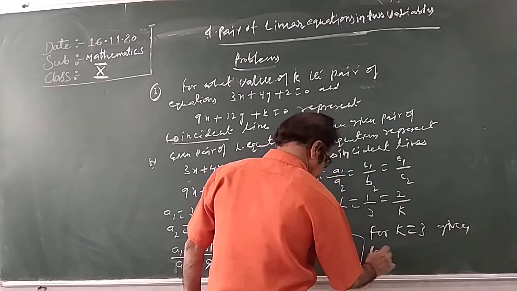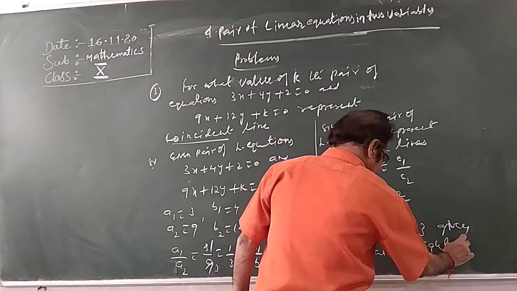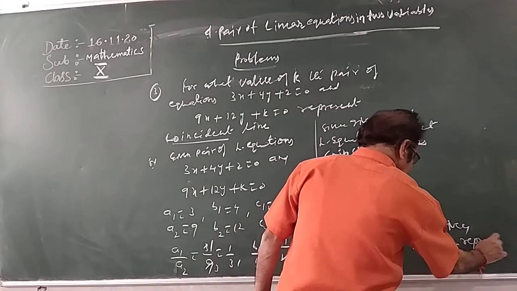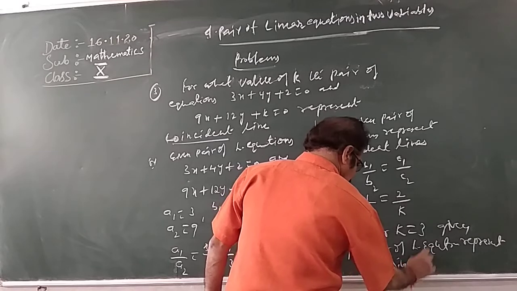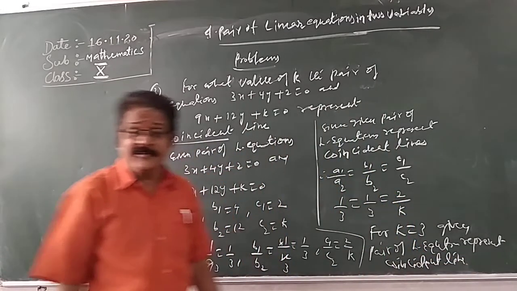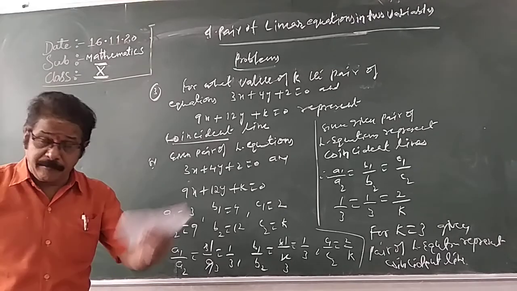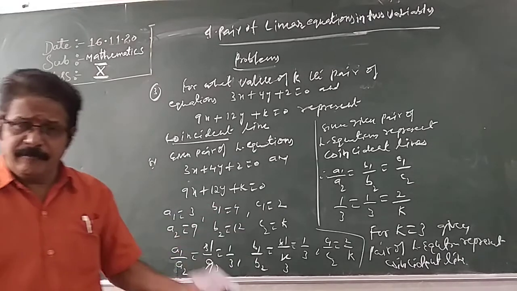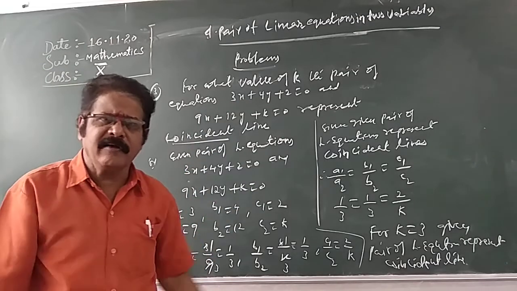the given pair of linear equations represent coincident lines. So all three conditions, you get the missing values. When the pair of linear equations represent intersecting lines, A1 by A2 is not equal to B1 by B2. Corresponding to those coefficients, you write the value.